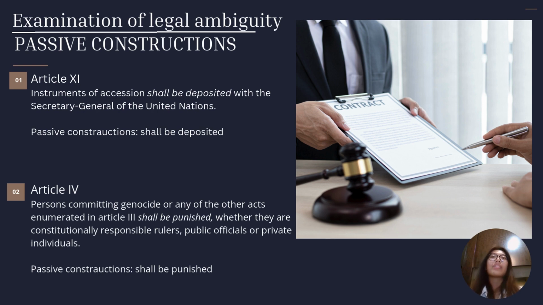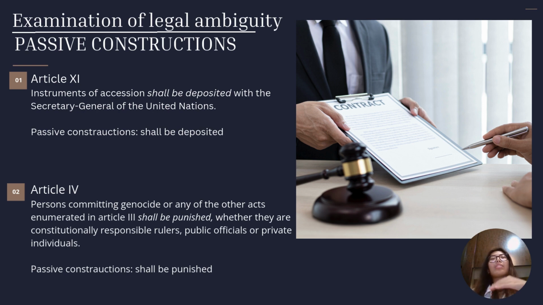In this case, the action is "shall be deposited," and the addressee is the Secretary General of the United Nations. The actor is implied and is not explicitly mentioned. The use of the passive construction emphasizes the action and the addressee more than the initiator of the action.